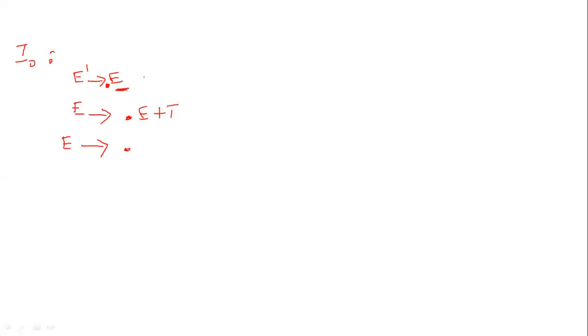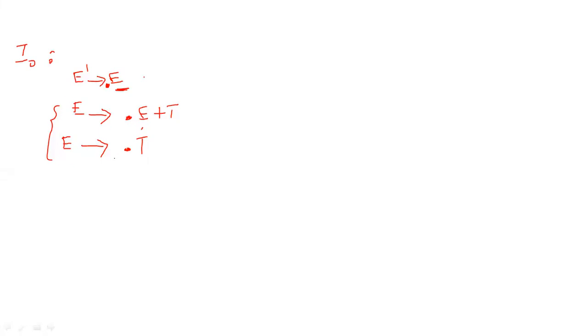E implies dot T. Now see, we have newly written two productions, E implies dot E plus T and E implies dot T. Let us see the first one. The immediate right symbol to the dot is capital E, so you need to add the productions for E, but we have already added them, so leave it.